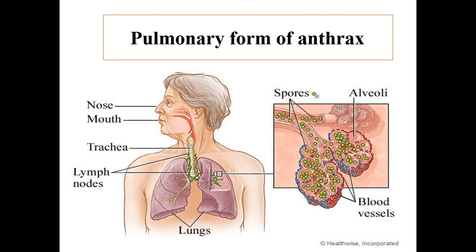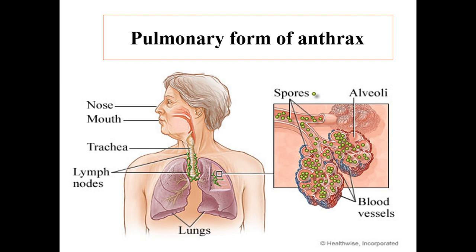The pulmonary type of anthrax is wool sorters disease, as it is seen in workers of wool factories, who acquire infection by inhalation of dust from infected wool and inhalation of spores.